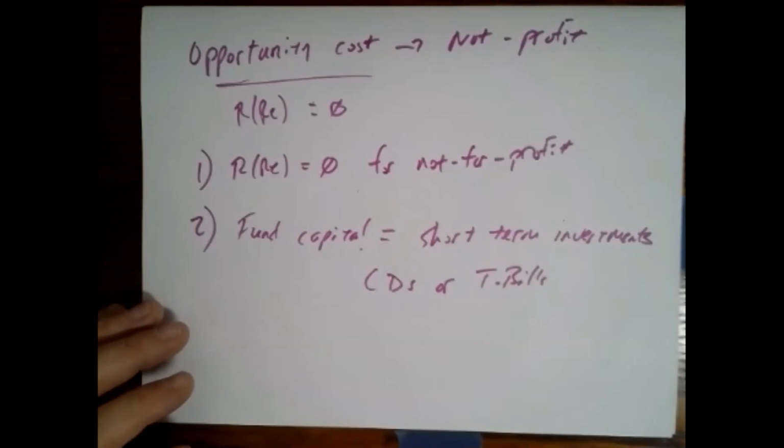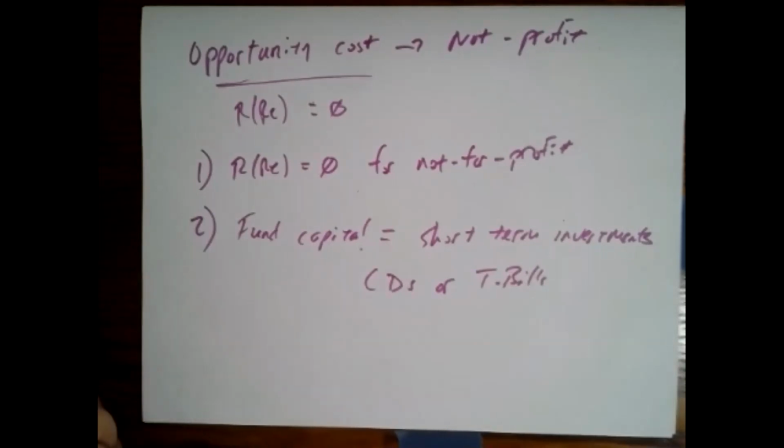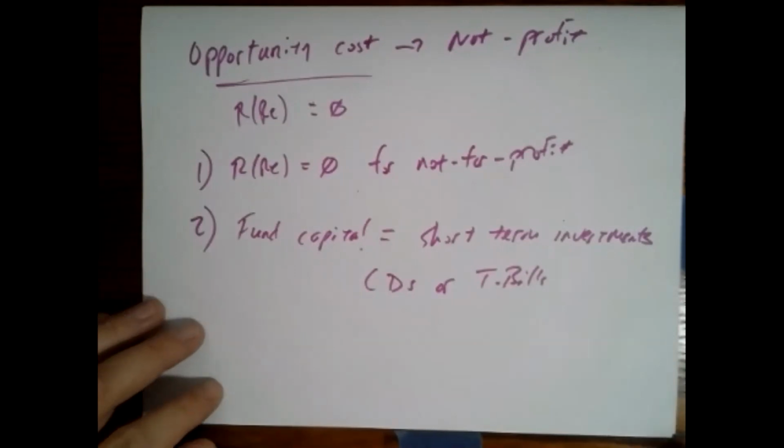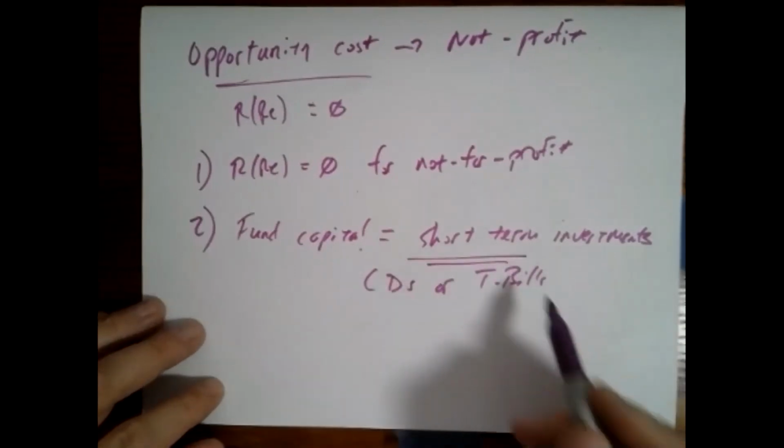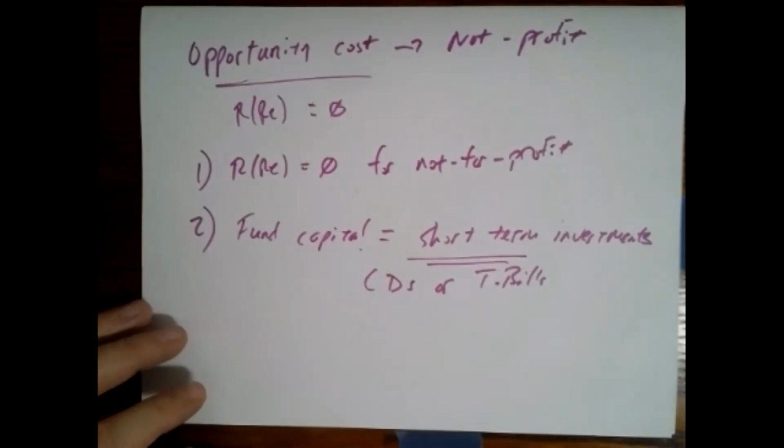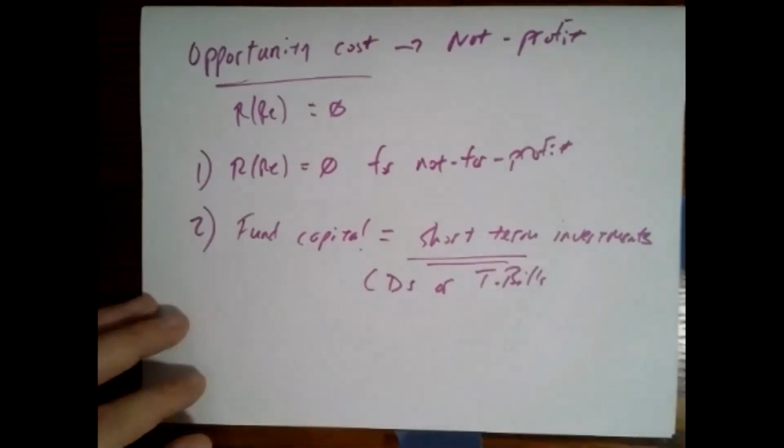You're going to build a new building and you're going to put my name on it preferably, or you're going to buy a new MRI machine or something like that. So my argument would be short-term investments as a proxy probably isn't a good measure.